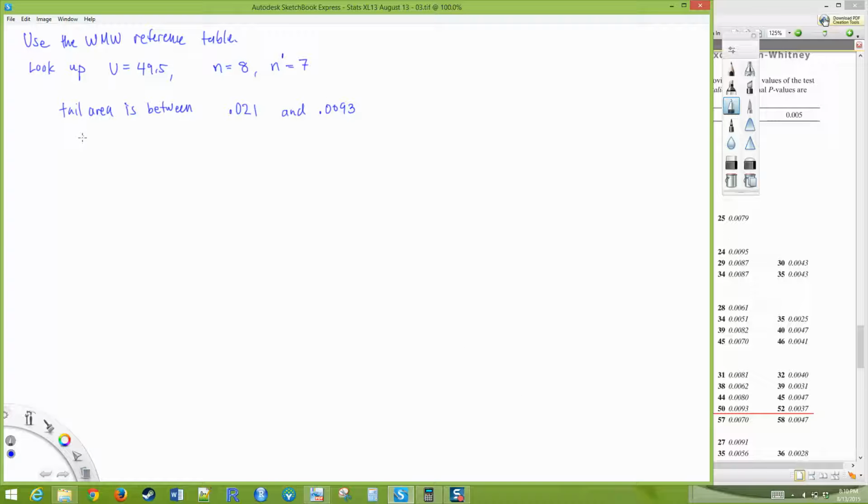So I'm going to write this here. If HA is non-directional, then our p-value is between 0.021 and 0.0093.